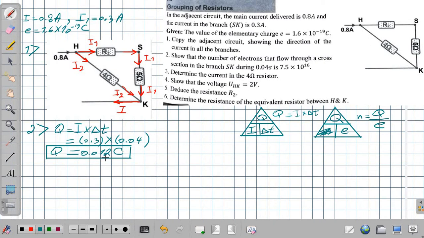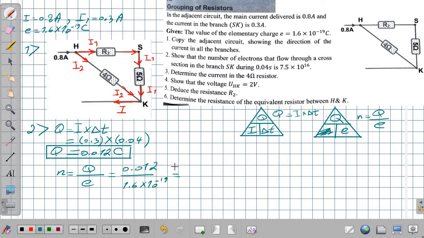وهلا بعد ما طلعنا ال quantity of charge 0.012 coulomb فينا نستعمل هيدي relation to find the number of electrons, or number of charge, Q over E, sorry. Q is 0.012 and the elementary charge is given 1.6 times 10 to the power minus 19.